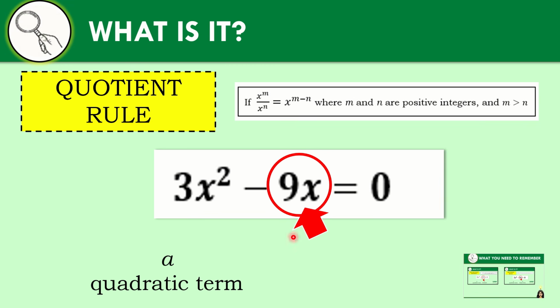So in this case, when your quadratic equation has a quadratic term, and this one is your linear term, then you can use the quotient rule to get the roots. Are we clear with that? So those are the 2 important or the essential points that you need to remember for today's lesson.